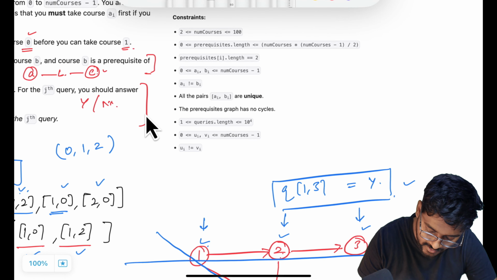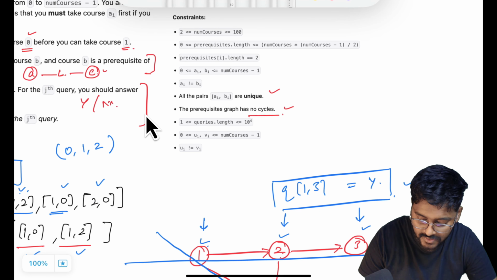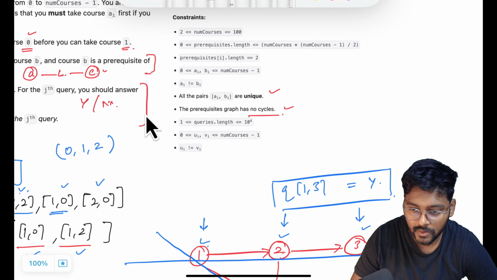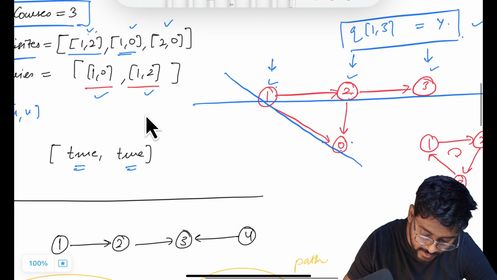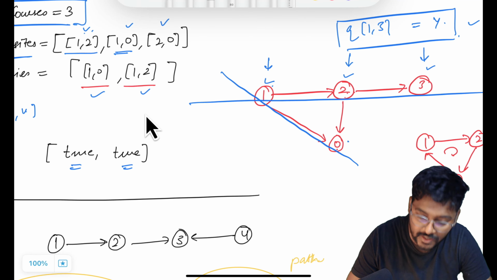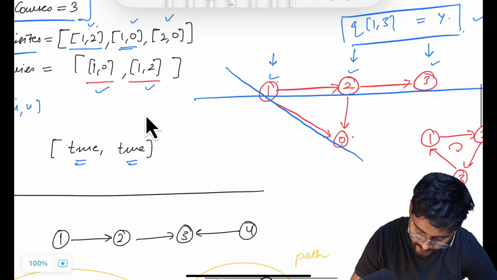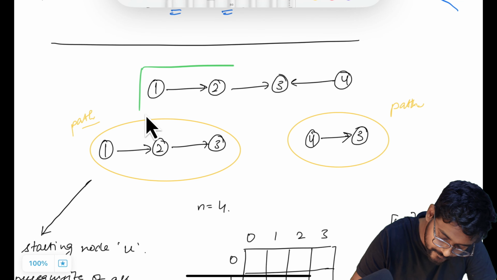In the constraint we are given that there is no cycle in the graph, and all the pairs are unique, so we don't have to worry about those things. From this we get the idea that we are going to draw a path from prerequisites to the dependencies.